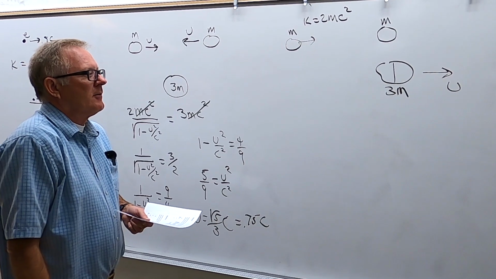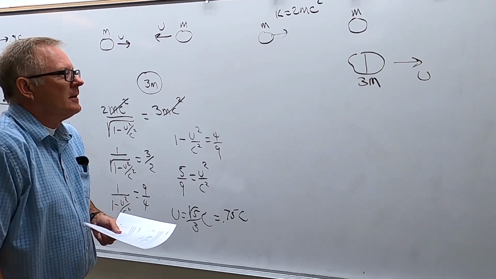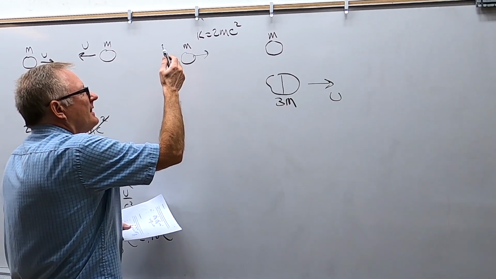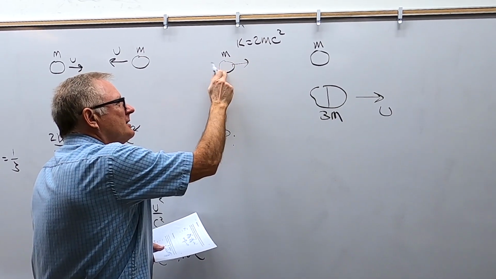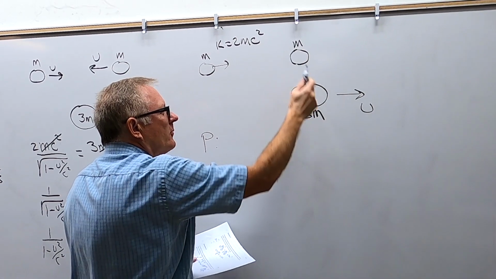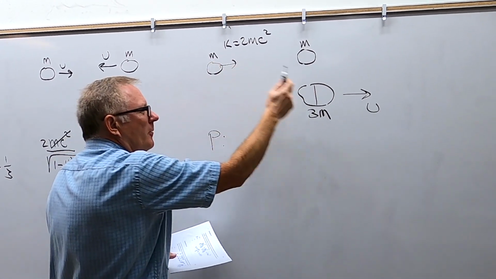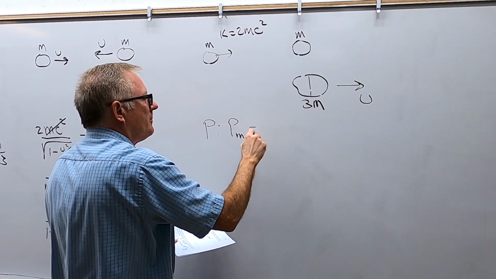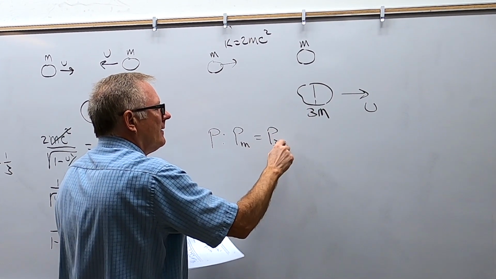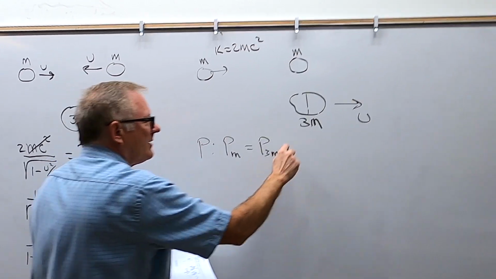Well, if we look at it, first of all, if we look at the momentum equation, we know that this momentum plus 0 equals this momentum. The p of this one is the same as the p of that one. And since they're both the same p, I might as well just call them all p.